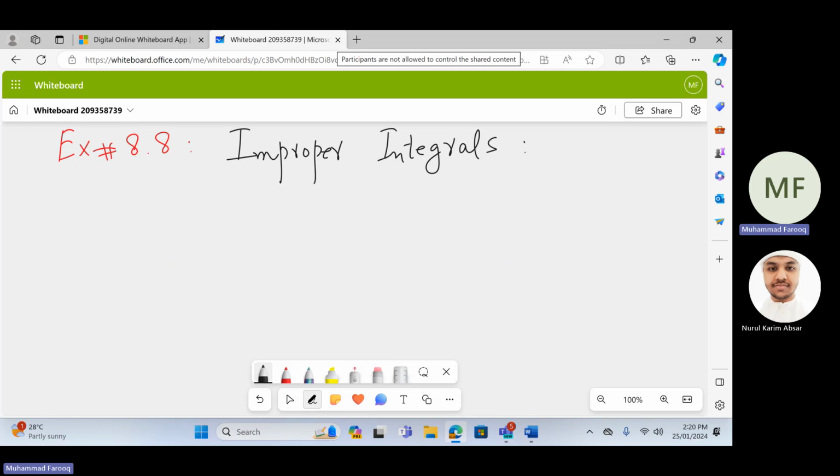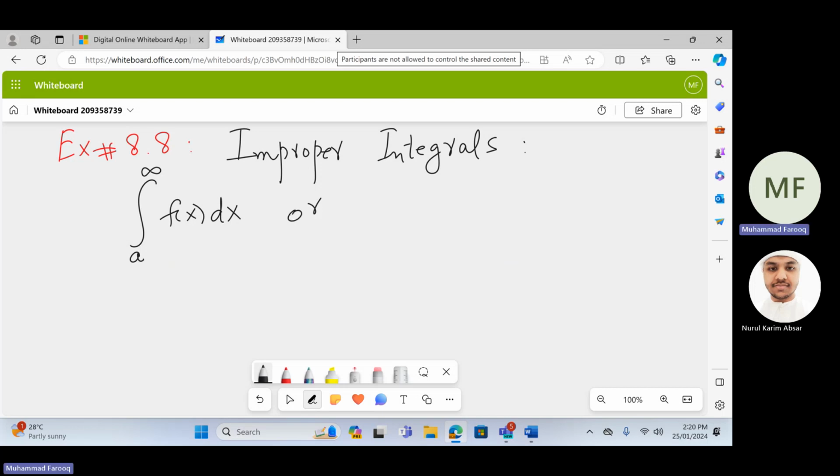Let's start with the first type of improper integral form. The first form is like that: lower limit a and upper limit infinity. Because one of the limits is infinity, it is very clearly improper.